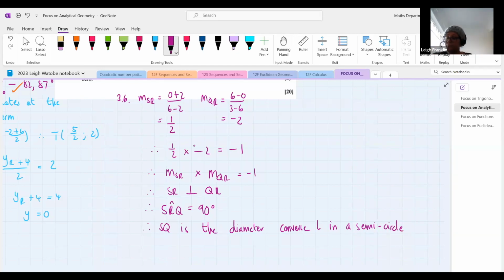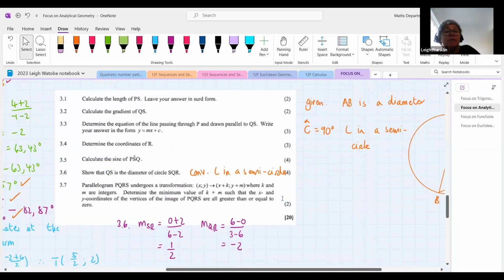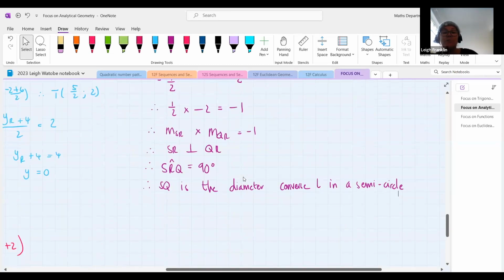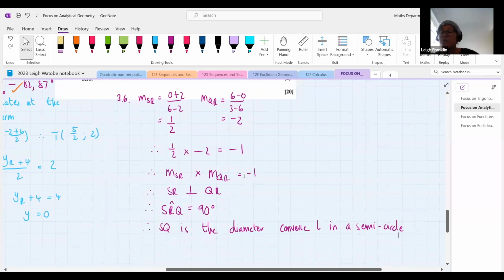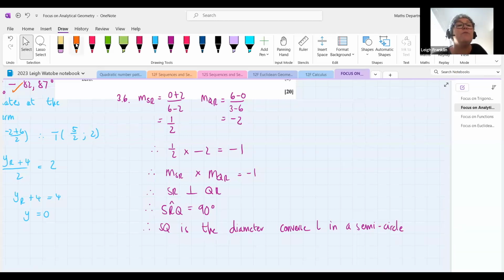Okay. I should also like to point out at this point that this question comes from a grade 11 paper, okay, and not a grade 12 paper in case you were wondering. So we can see grade 11s, there are some pretty hectic things that they're expecting us to know and understand by the time we get to the end of grade 11. All right, so out of 4, mark there, mark there.